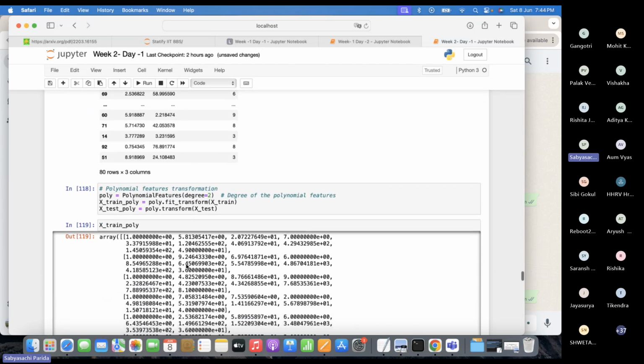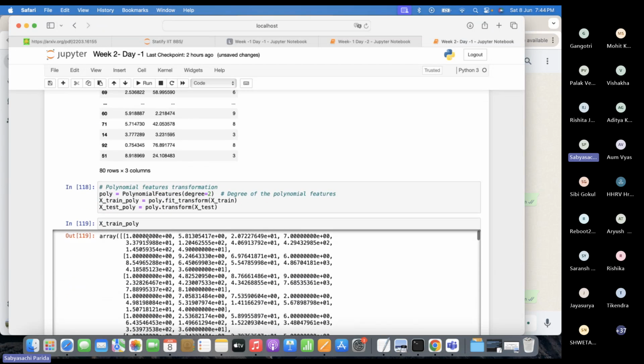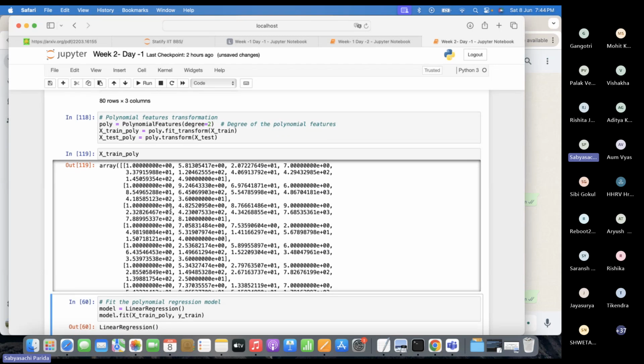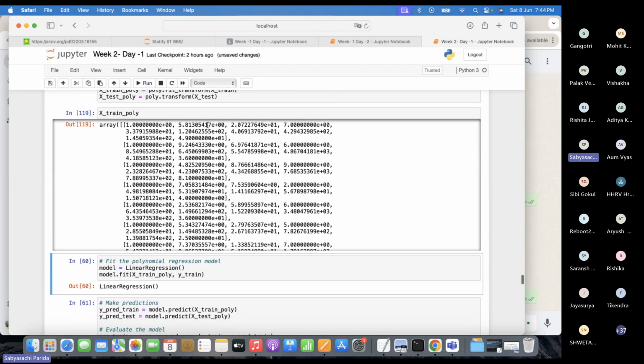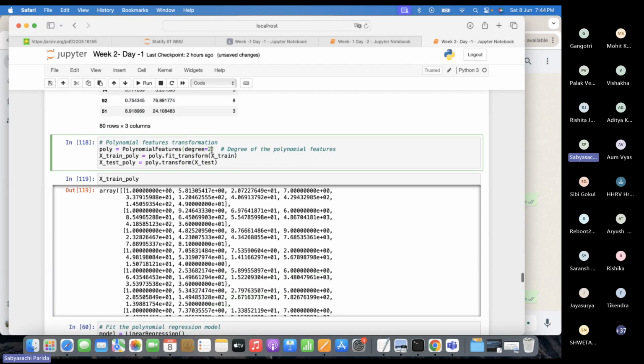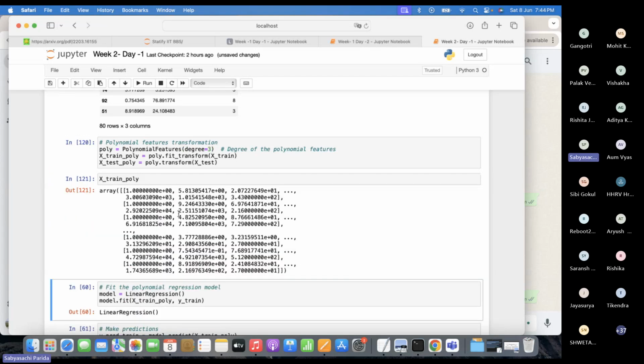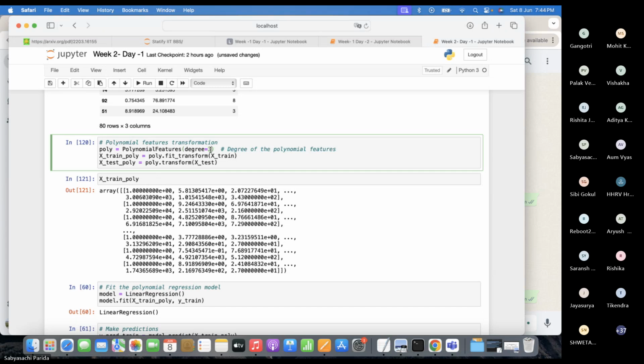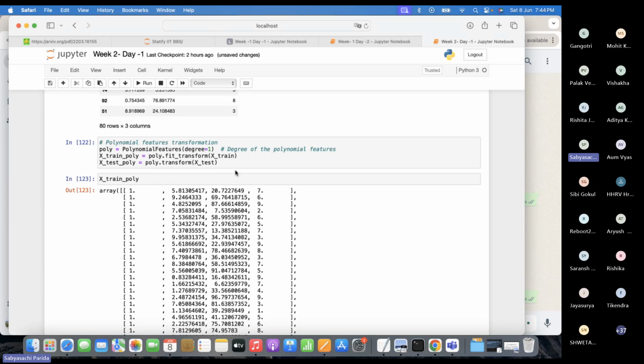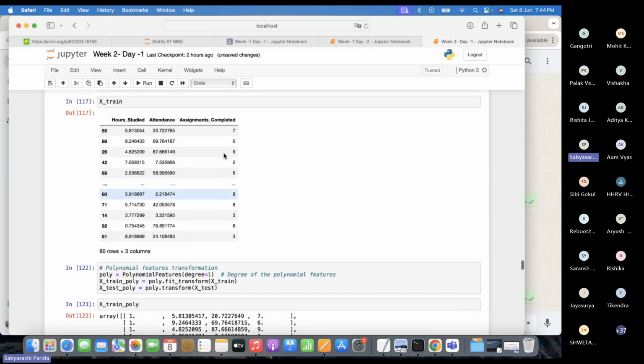If I make the degree 3, the number of features would increase exponentially. If I make it 1, it would be the same as before, with 3 features.